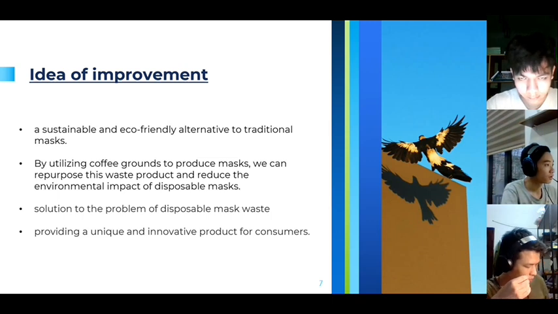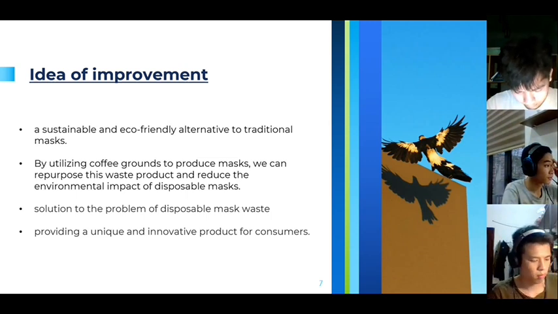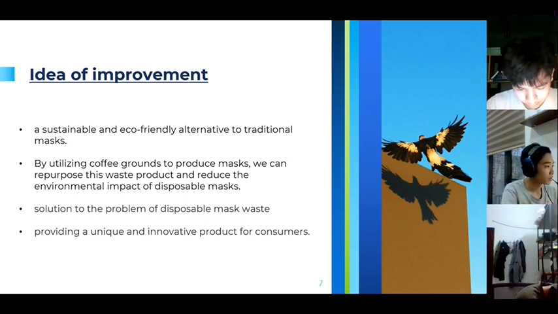Odor control. Coffee ground has natural odor absorbing properties, which makes coffee textile naturally odor resistant. UV protection. Coffee textile has UV blocking properties due to the presence of melanoidin, a natural compound found in coffee that helps to protect the skin from UV radiation. Moisture wicking.